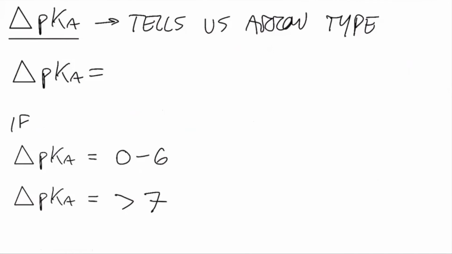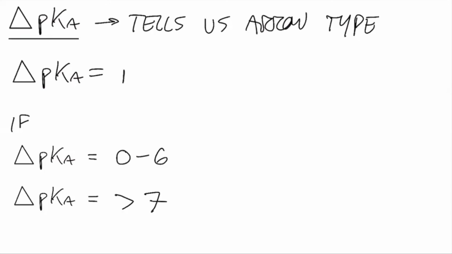In order to figure out what arrow type we want, I want to look at what we call the delta pKa. Doing this simple difference between the two pKa values is going to tell us the arrow type. This is a really useful tool if you know the pKa's for your acid. So what is delta pKa? This is just like any other delta that you've encountered in chemistry and probably a lot of other fields: it just means the difference between.